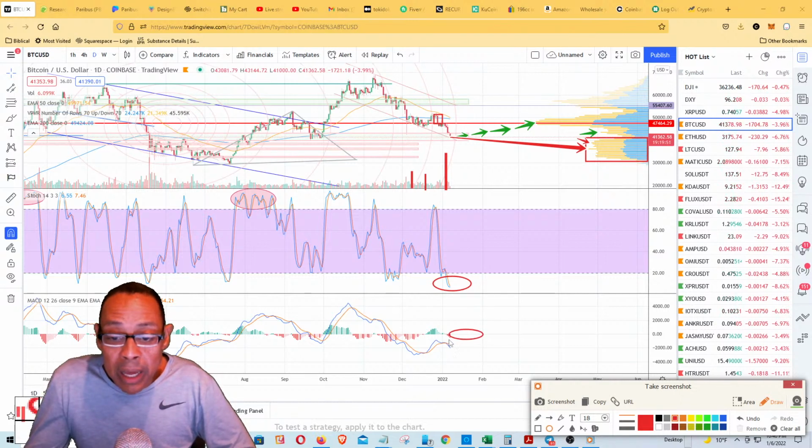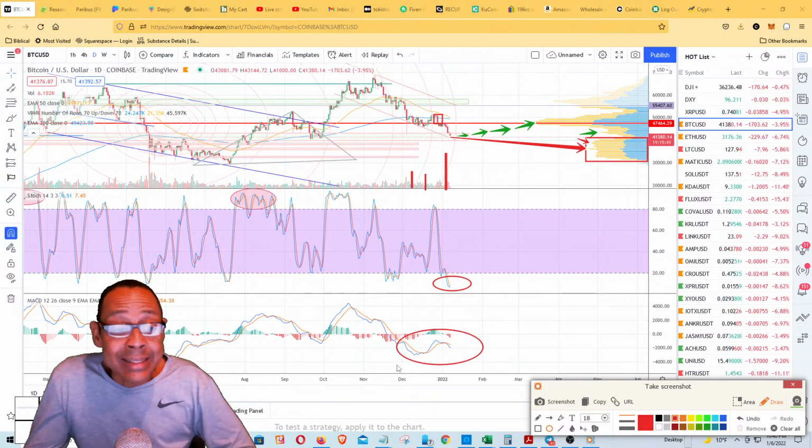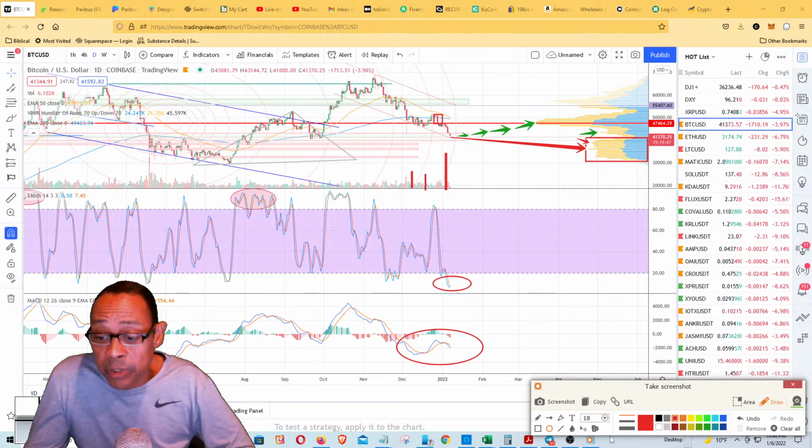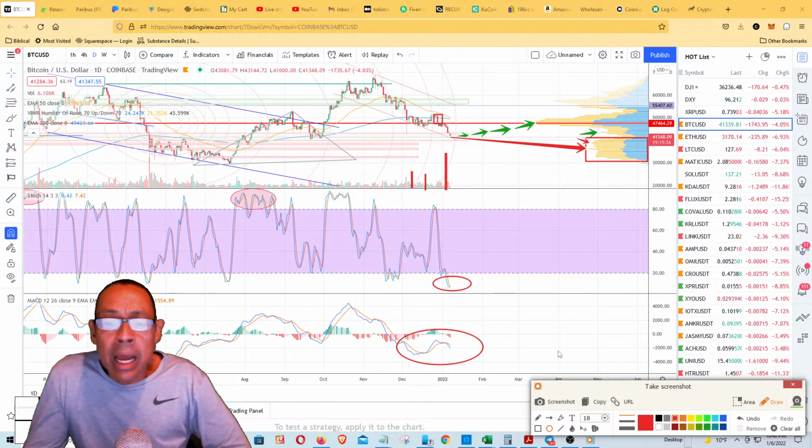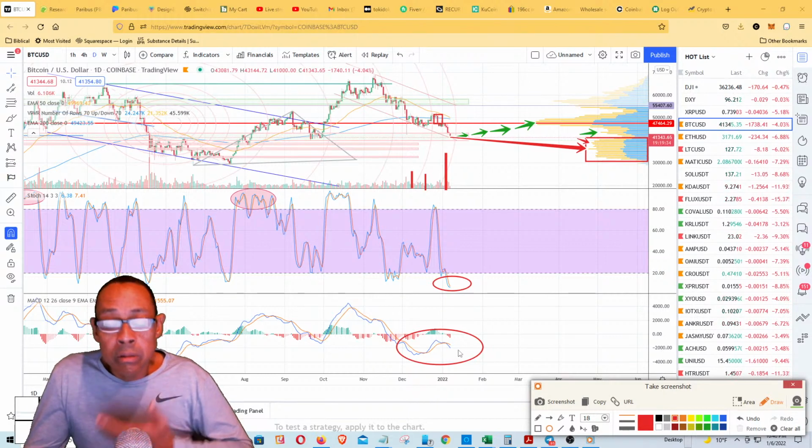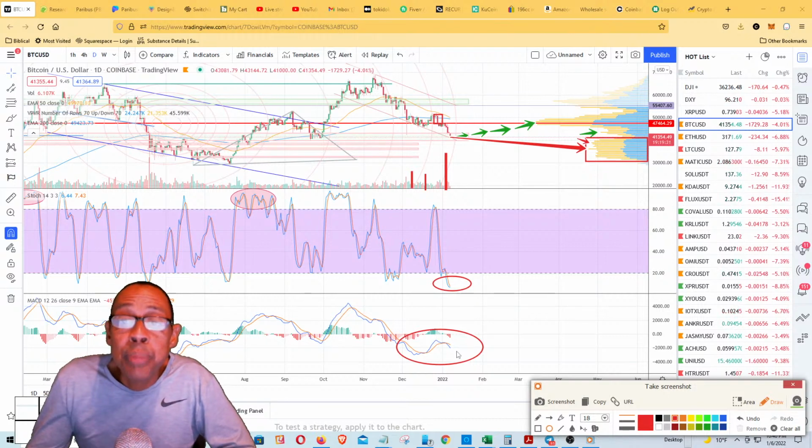However, we are not at the bottom of what this MACD oscillator pair could possibly jump down to, because we saw it before when we scrolled out that it was down below the negative 5,000 line, all right? And we're just at the negative 1999 line right now. That's how you weigh out the possibilities.